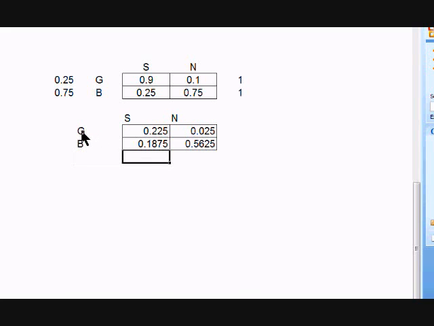The probability of having good credit is the sum of these two, which, if you recall from up here, is 0.25. So this should look very familiar. 0.25, and the sum is 0.75. See, the same thing.